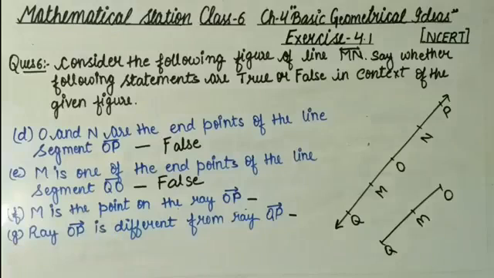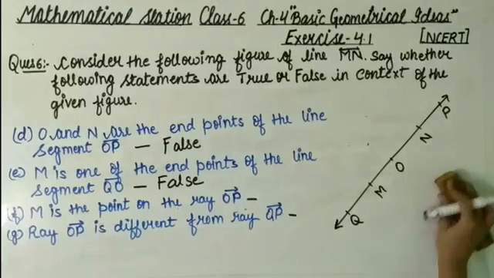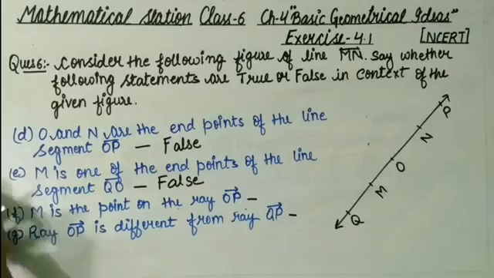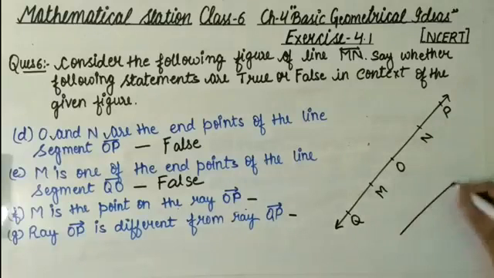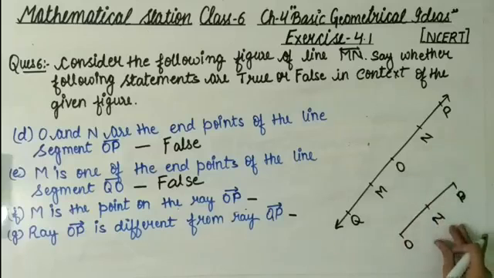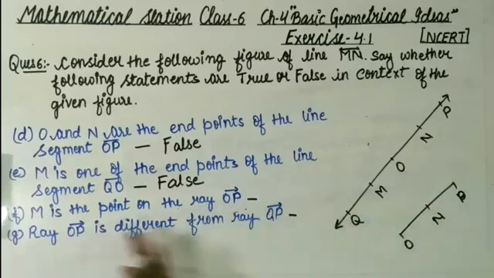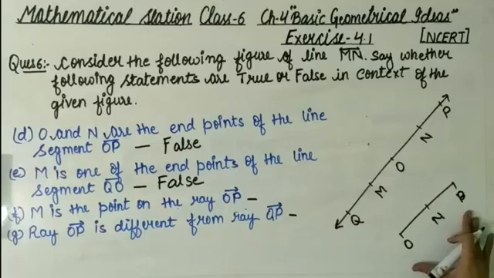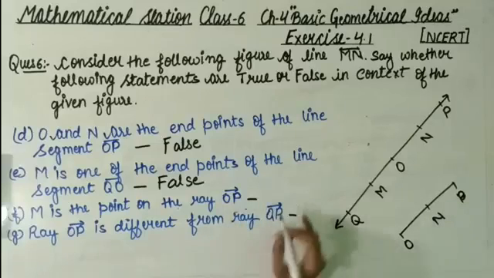Next is: M is the midpoint on the ray OP. Ray OP will be like this, and in the middle there is N, and M is not anywhere in this ray. So this statement is also false.